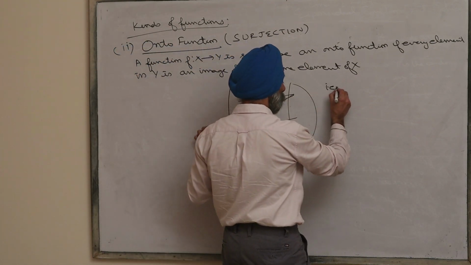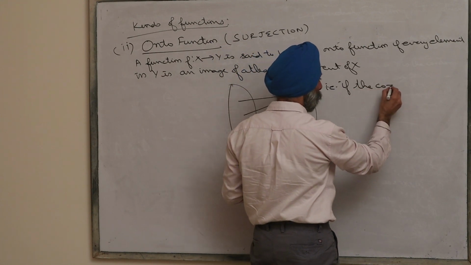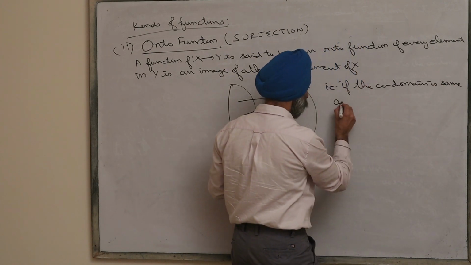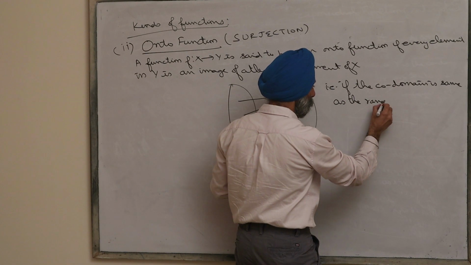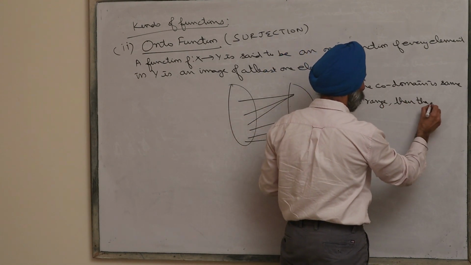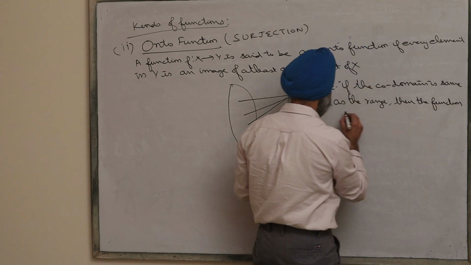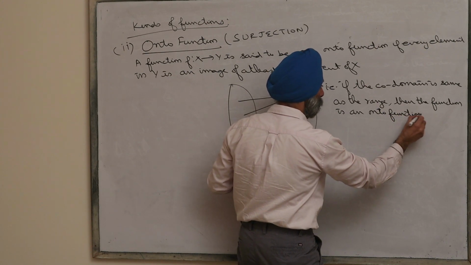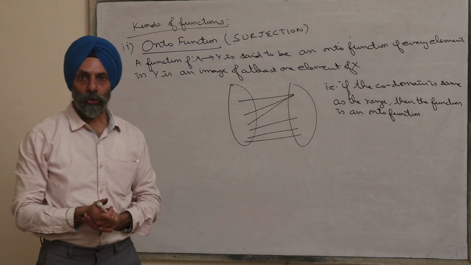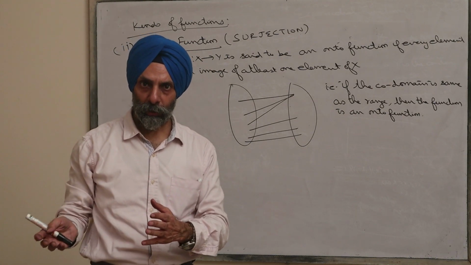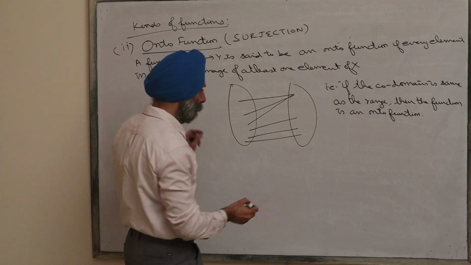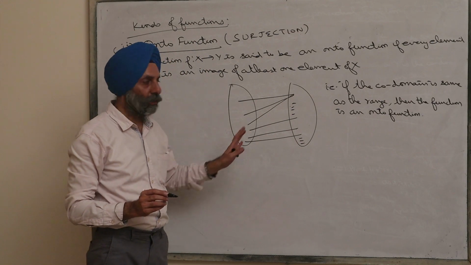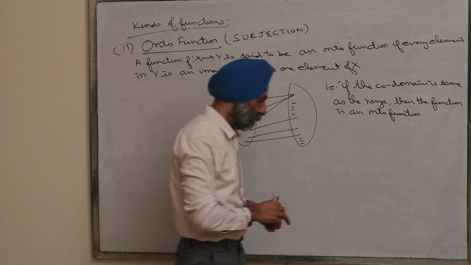That is, if the codomain is same as the range, then the function is an onto function or is surjection. So if a function is not onto, then it is into. Into means the codomain is not same as the range. This way, this function will be an into function.